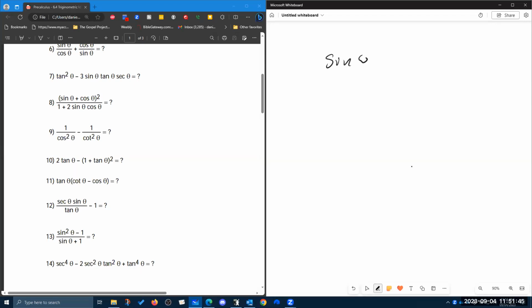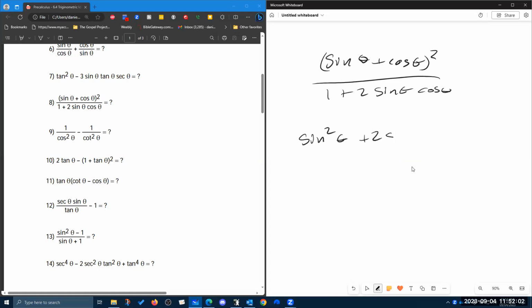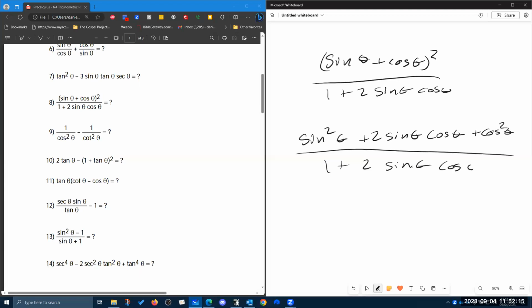Sine theta plus cosine theta quantity squared over 1 plus 2 sine theta cosine theta. The numerator is going to be sine squared theta plus 2 sine theta cosine theta plus cosine squared theta over 1 plus 2 sine theta cosine theta.